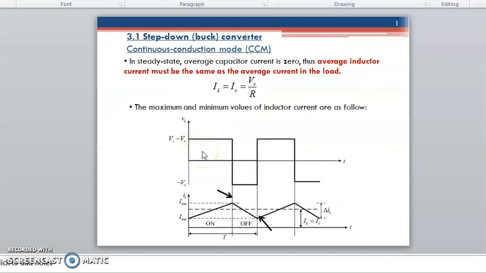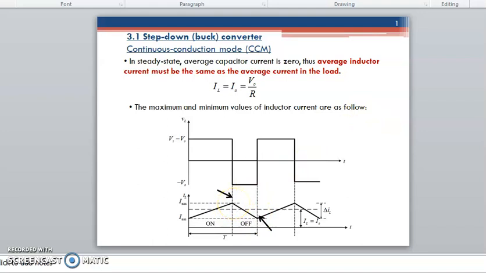Okay, as for the current point of view, for CCM in steady state, the average capacitor current should be 0. So the average inductor current must be the same as the average current in the load. So IL equals Iout equals Vout over R. Okay, this is the minimum value and this is the maximum value of the inductor current.